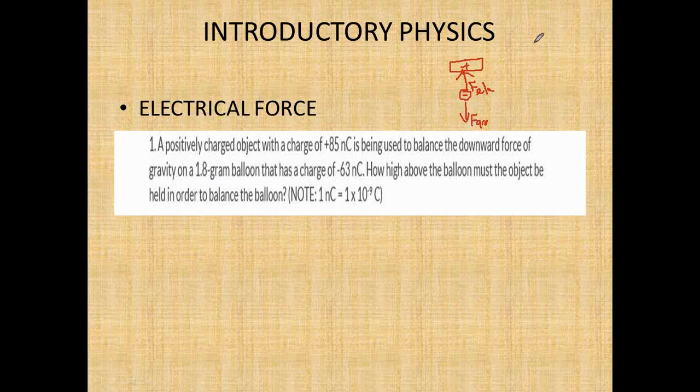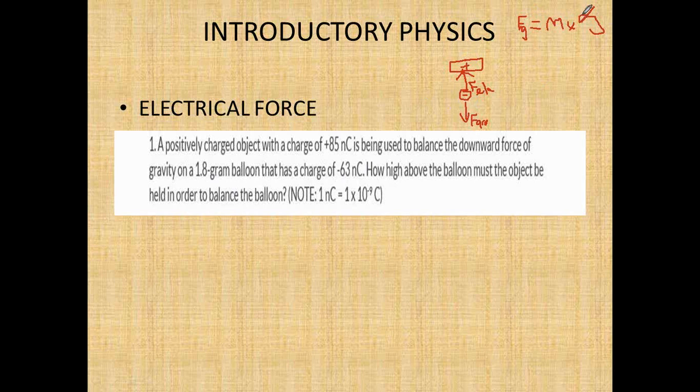We know the downward force of gravity, because we did mechanics, so we know that the force of gravity is equal to the mass times acceleration, and that's the acceleration of gravity.